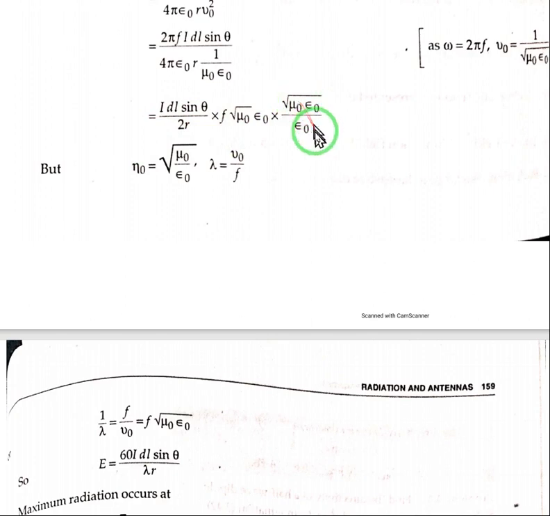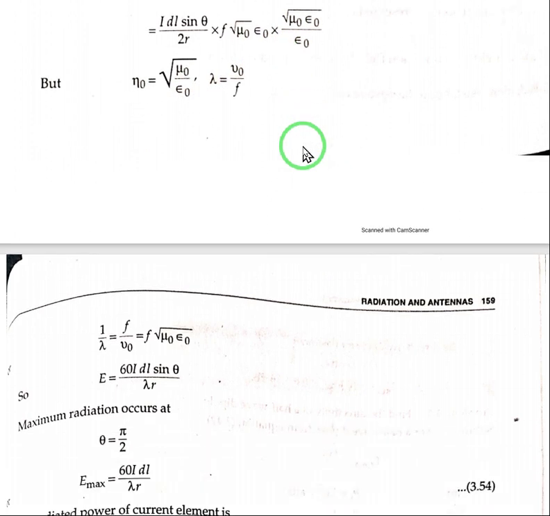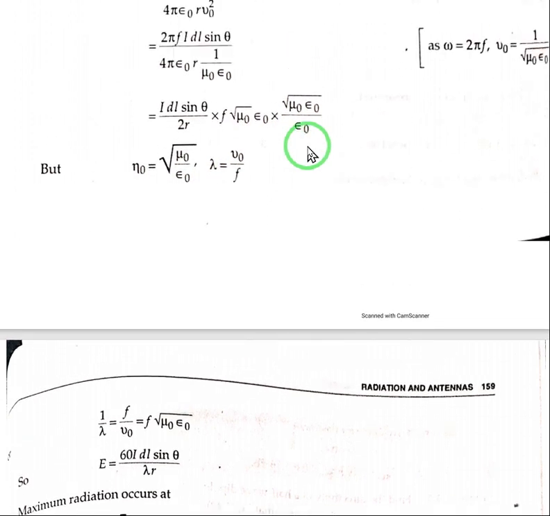As we know, root of mu naught over epsilon naught is equal to eta naught, and v naught over f is equal to lambda. So we replace root of mu naught over epsilon naught by eta naught, and f is replaced by v naught over lambda.